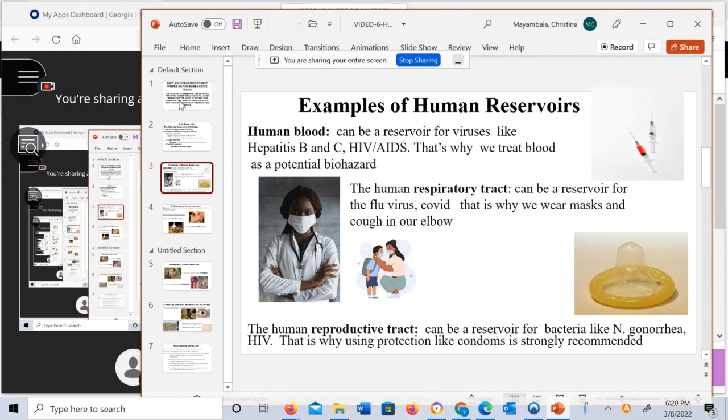They are living in one human being, and they could be passed on to another human being through sexual activity, which is why it's strongly recommended that people practice safe sex using devices like condoms to reduce the risk of exposure from human reservoirs.